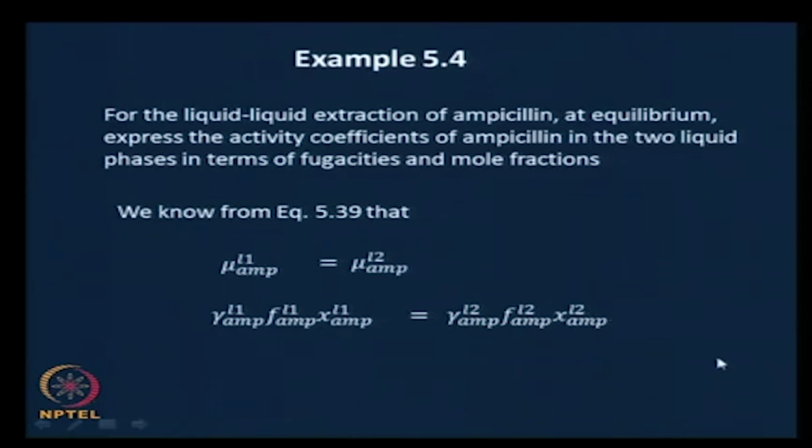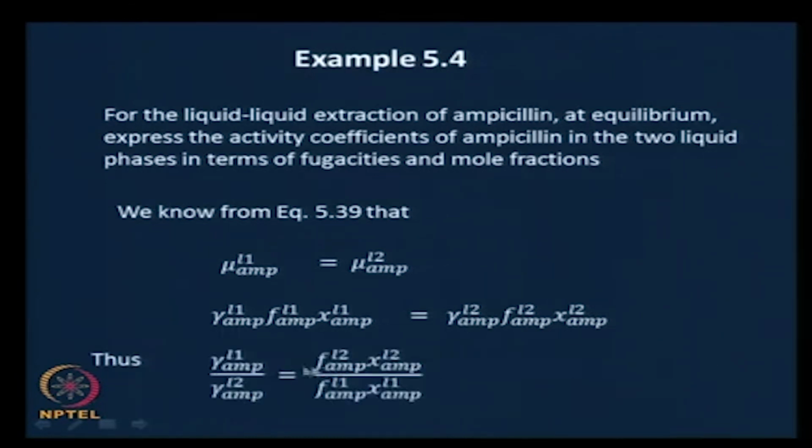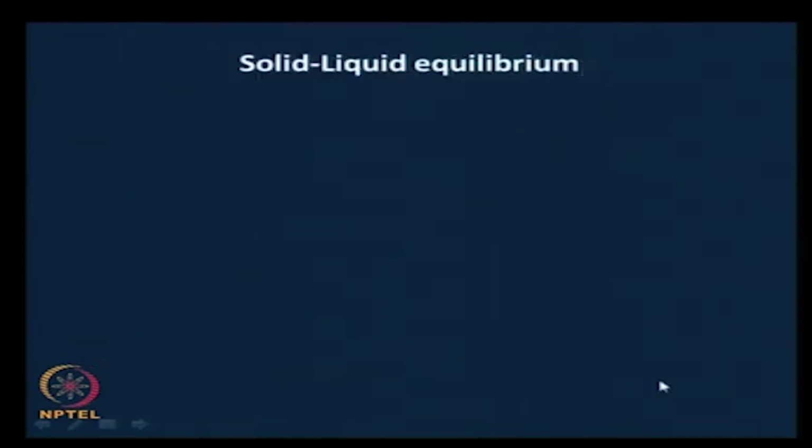Therefore, what is required is the ratio of the activity coefficients: gamma of ampicillin in the L1 phase divided by gamma of ampicillin in the L2 phase is nothing but the product of fugacity and mole fraction in the L2 phase divided by the product of fugacity and mole fraction of ampicillin in the L1 phase. This is the relationship that we were looking for in this example.